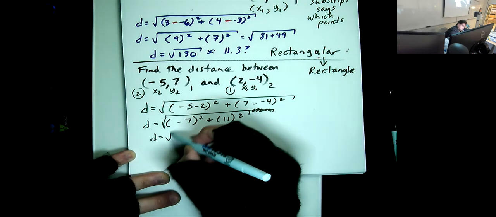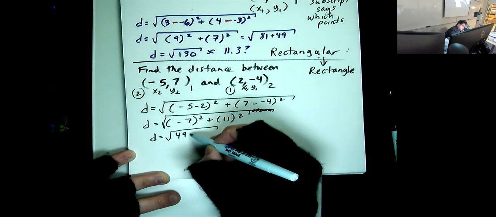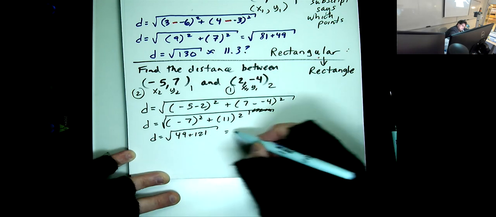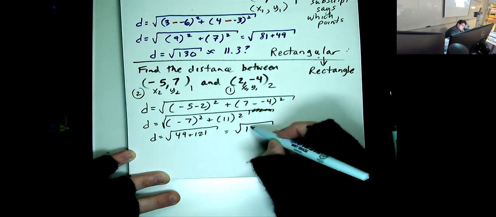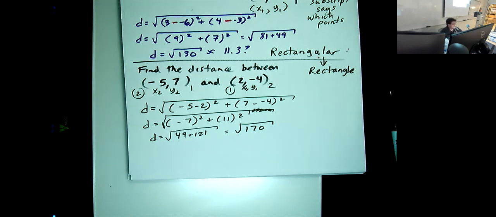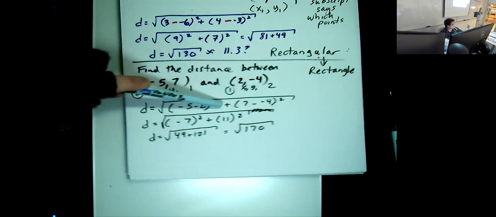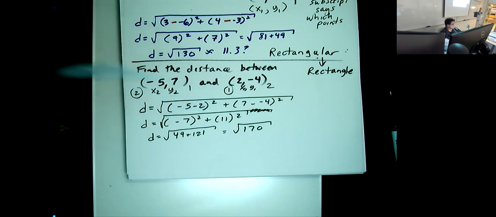So that's the square root of 49 plus 121, which is the square root of 170. So if you did it the other way, you should have also gotten that. The reason why it works that way, it doesn't matter which order we put them in, is that when we square it, it makes the sign positive no matter what. And so we're actually just looking at the distance between them.